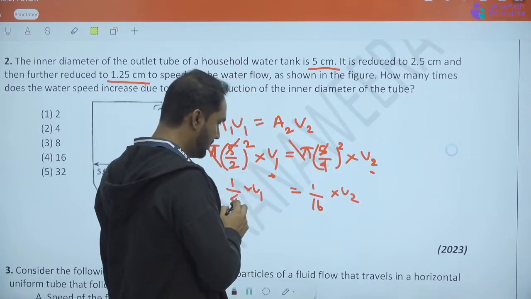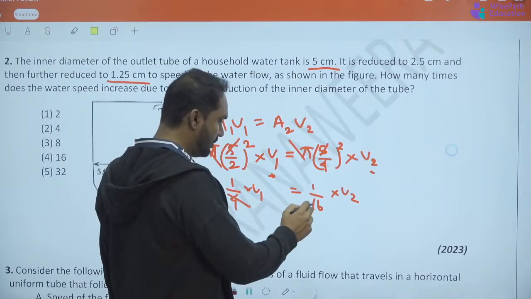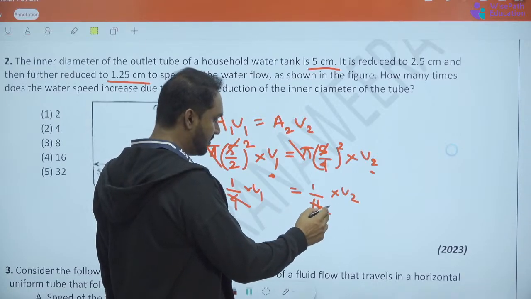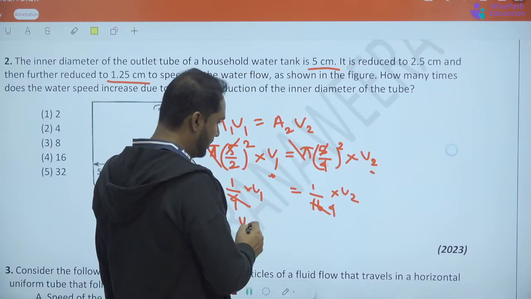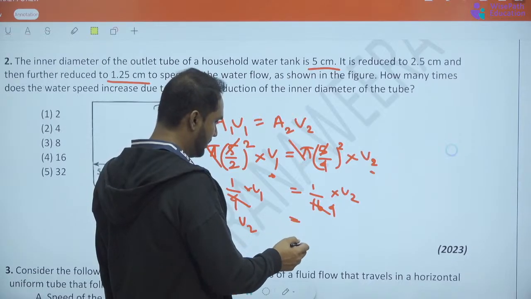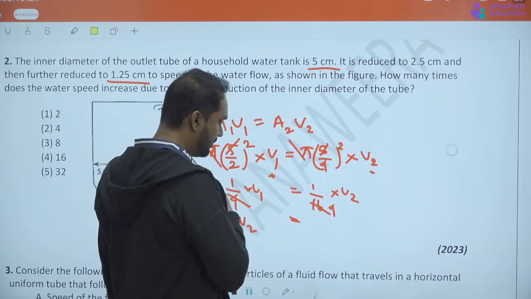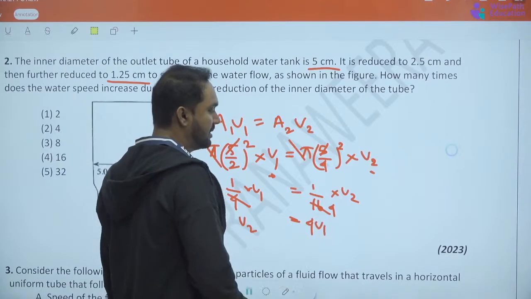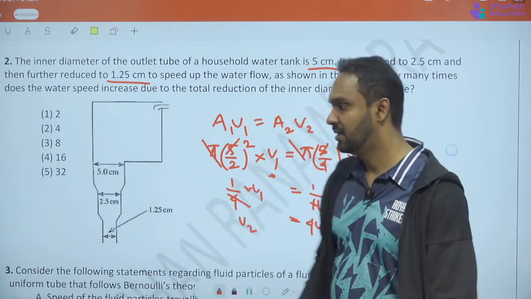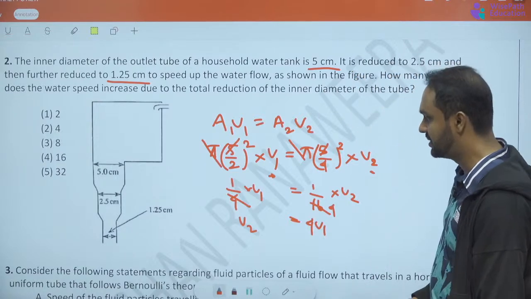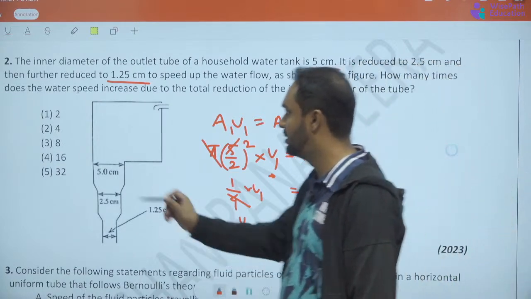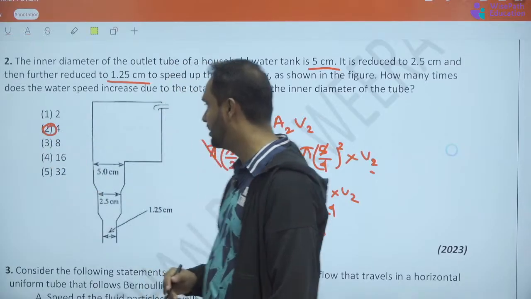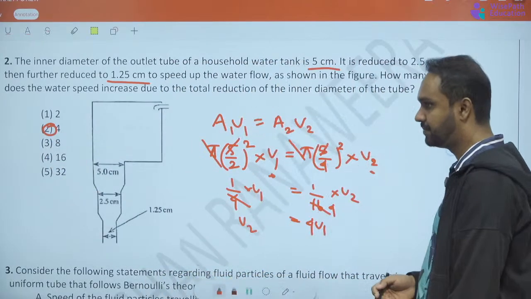So I can cancel out, 4 times 1, 4 times 4. So v2 equals, if I cross multiply, 4 times v1. So it has increased by 4 times, right? The answer is by 4 times.